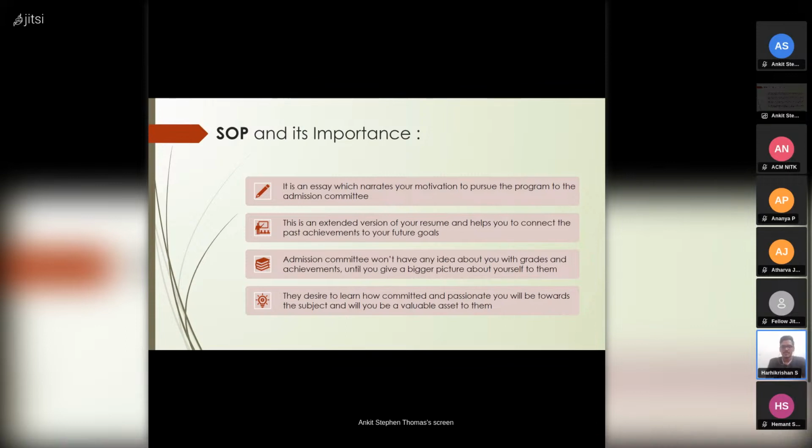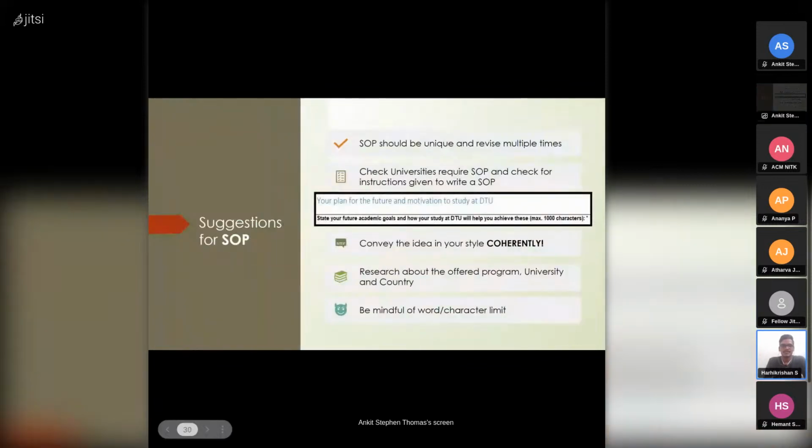That's the main idea of the SOP. It is a golden opportunity for you to impress your admission committee members, because the ideas you give in your SOP will reflect on your admission also. That can boost your admission process, for the universities which ask for an SOP. So be mindful. Next slide please.